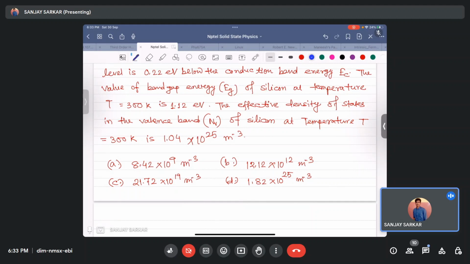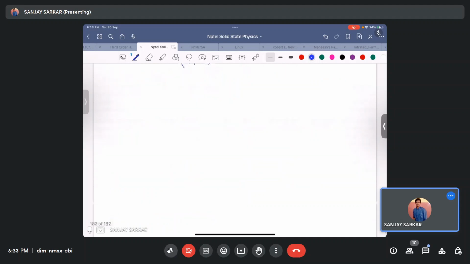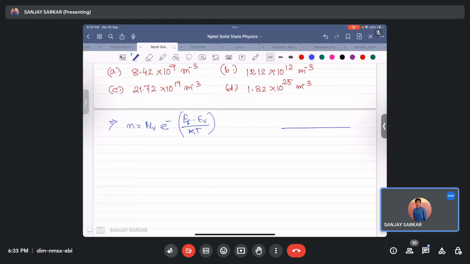So here also you need to calculate p, which is NV into exponential minus (EF minus EV) divided by kT. Now if this is EC, this is the Fermi energy, and this is EV.